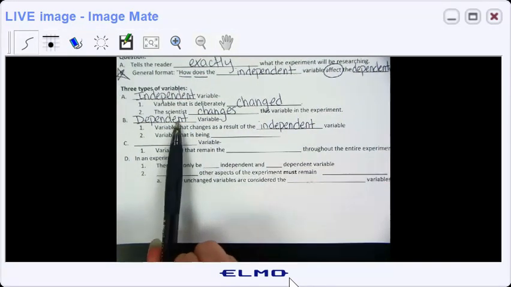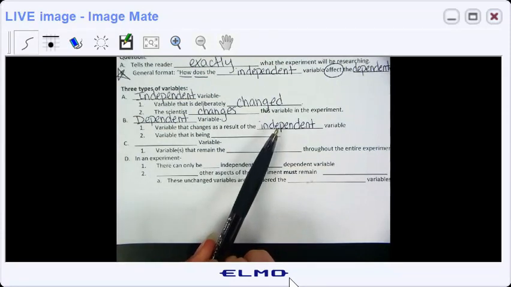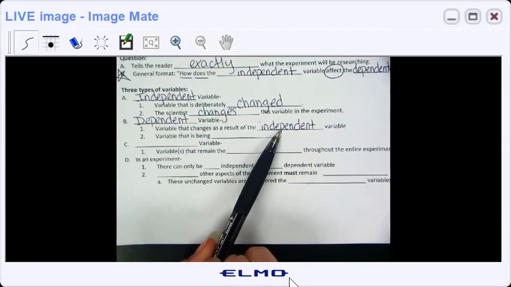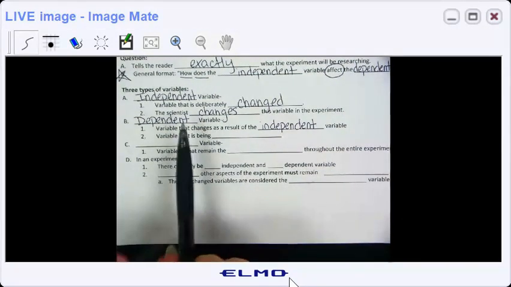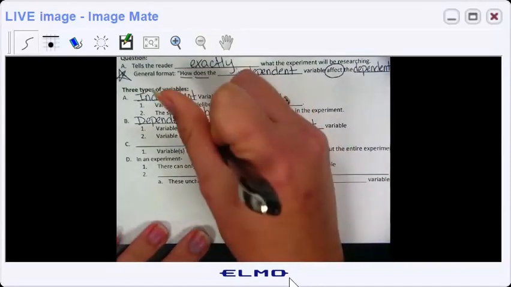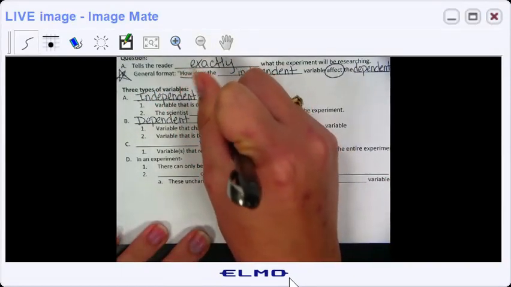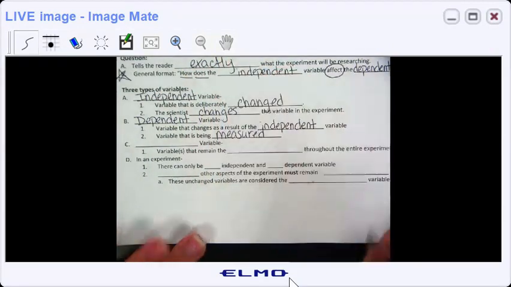So the dependent variable needs or will be changing because of the independent variable. The dependent variable is also what is being measured. So it is what you are collecting your data on. It is what you are measuring or taking notes on, or the things you're collecting like weights or heights or things like that.